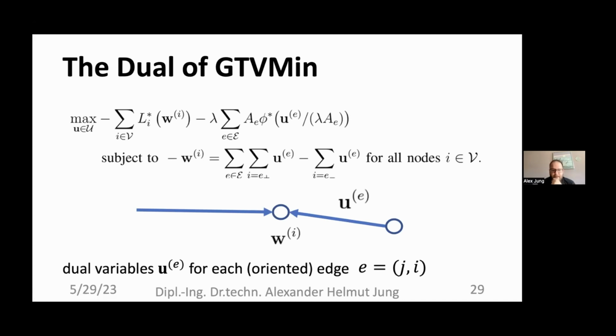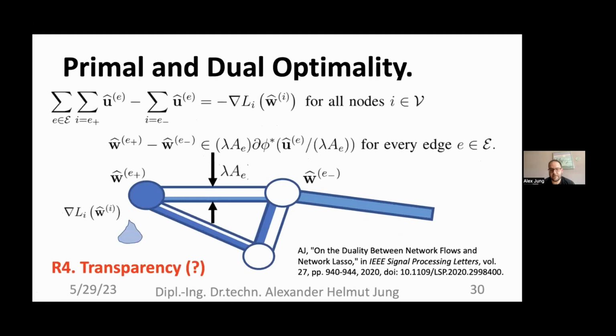Instead of optimizing the local parameters of a model, we now optimize flow vectors. Each network link is assigned a flow vector, and we optimize the flow vectors under flow conservation constraints. So this opens up, of course, immediately the rich literature on network flow optimization methods.